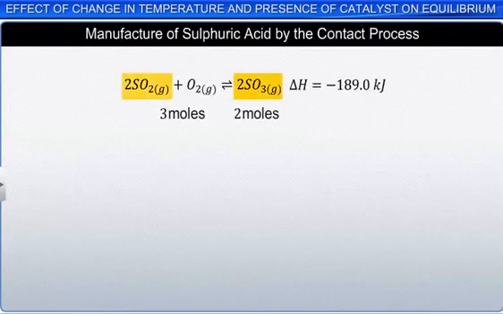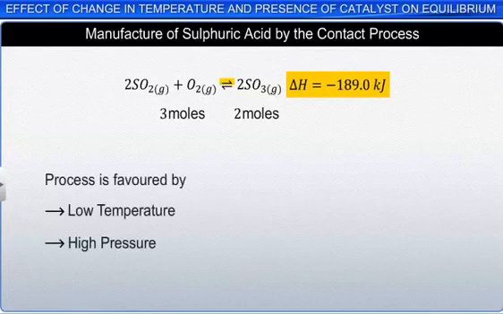The forward reaction leading to the formation of sulfur trioxide is an exothermic reaction, involving a decrease in the number of moles. Thus, according to Le Chatelier's principle, low temperature and high pressure favors the formation of sulfur trioxide.